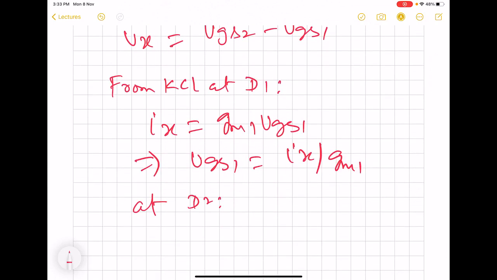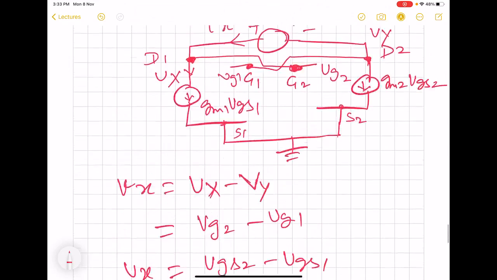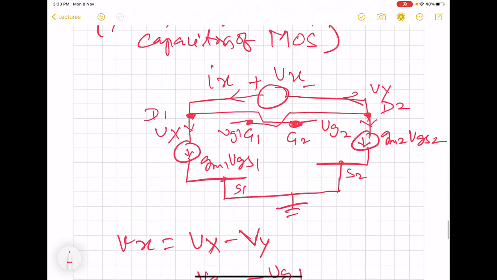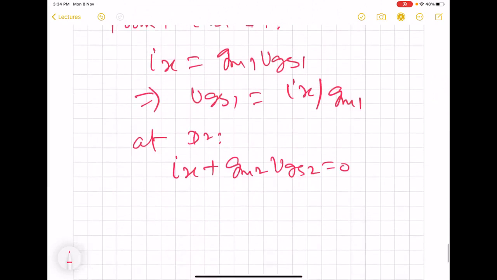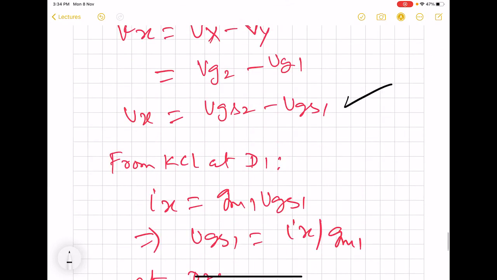Similarly at drain 2, we see that Ix plus GM2 VGS2 is equal to 0 because both the currents are in opposite direction. So here VGS2 is equal to minus Ix by GM2. Now we can use these VGS1 and VGS2 in this equation.